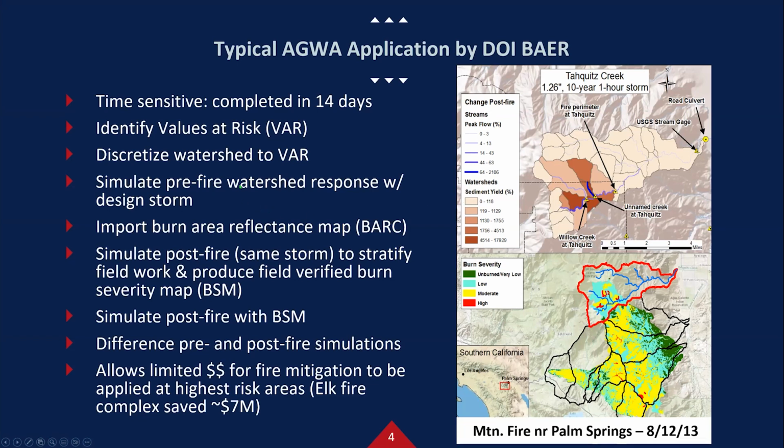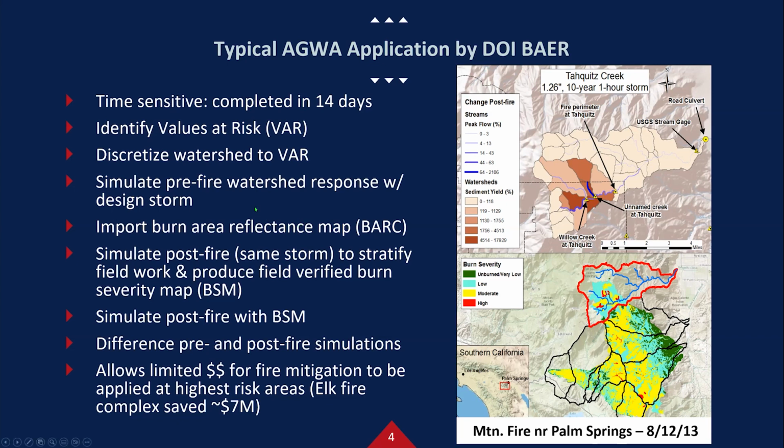And because of the time factors and the way we've set up AGWA, the BAER teams usually get notice that they will deploy in 3 to 6 days to a fire while the final suppression is underway. So they have time and they know where they're going.